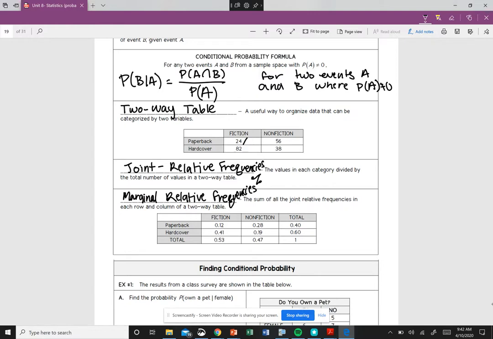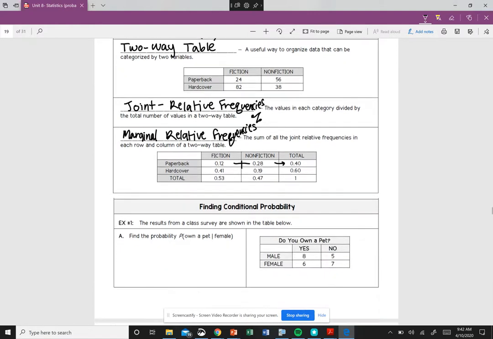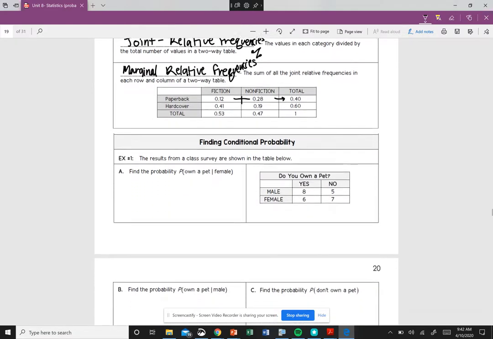Okay, that's what that's going to get you. The marginal relative frequencies is the sum of all the joint relative frequencies in each row and column in a two-way table. So this is the marginal relative frequency because it's that plus that equals that. Does that make sense? Okay. We're going to do a lot of these, so if it doesn't make sense, that's okay.